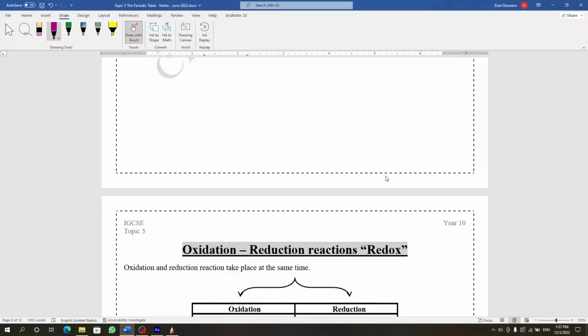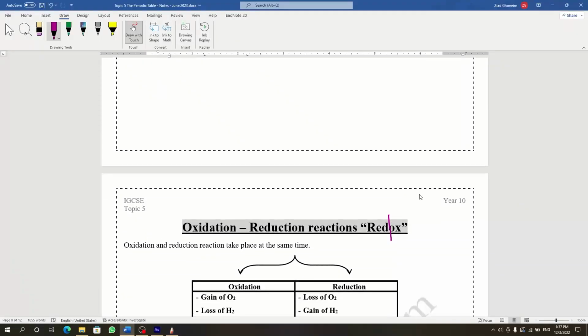Now we'll start talking about redox reactions. Redox reactions are oxidation reduction reactions. So you notice red here means reduction and ox here means oxidation, right?